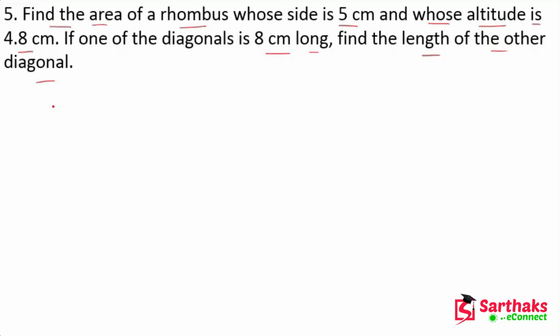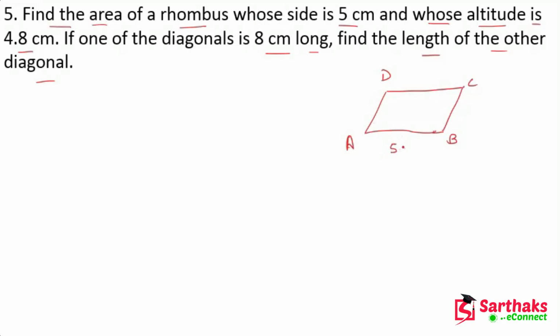Let's suppose we have a rhombus ABCD. Its side is 5 centimeter, and we know that in a rhombus all the sides are equal.